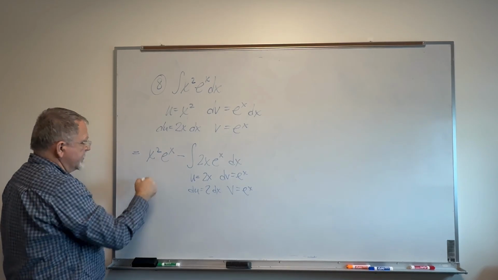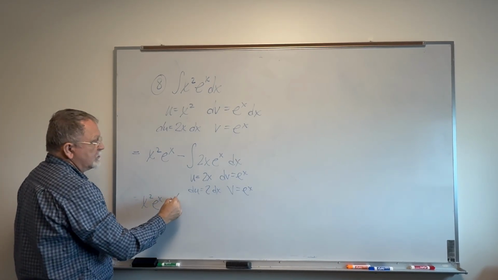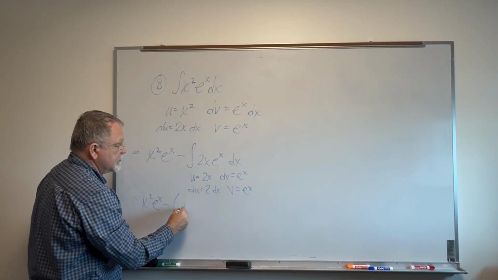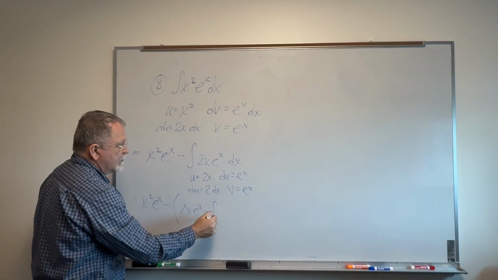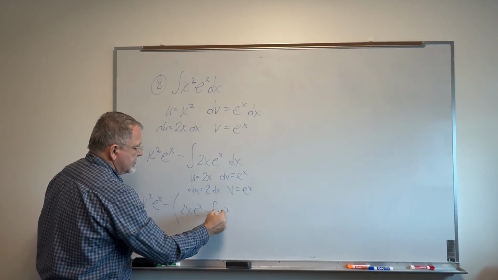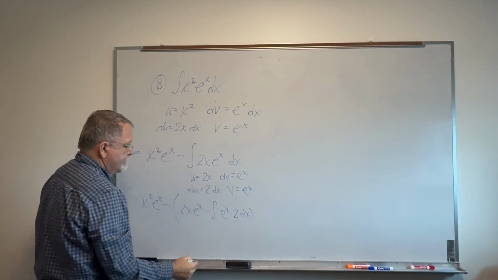So let me keep bringing this down: x squared e to the x minus this whole parenthesis thing, which is uv, that'll be 2x e to the x, minus the integral of v, which is e to the x, times du, which was 2 dx.